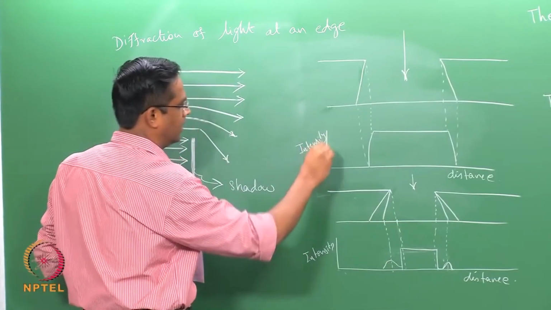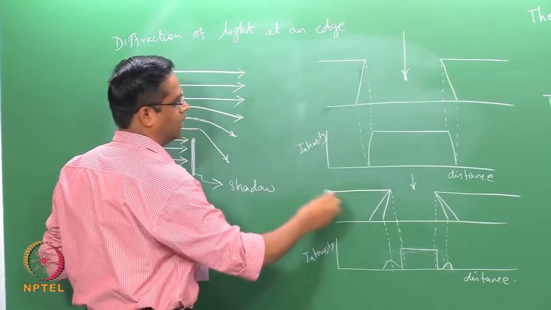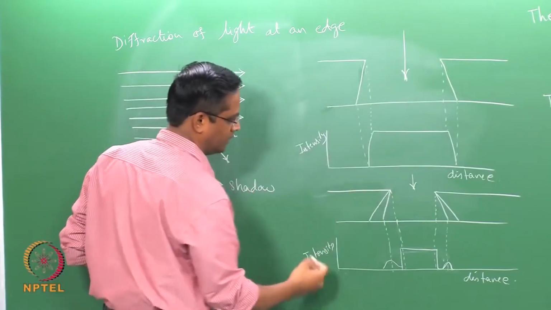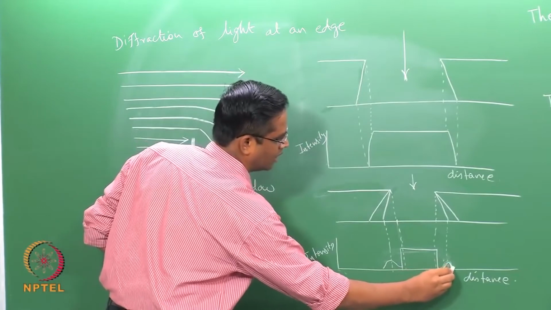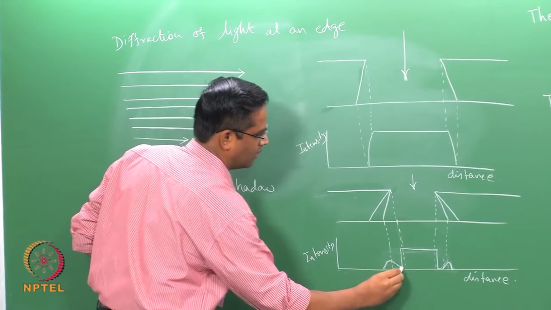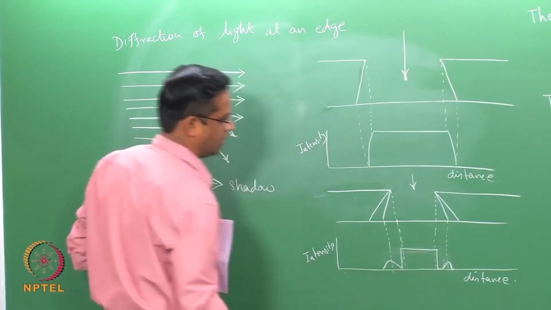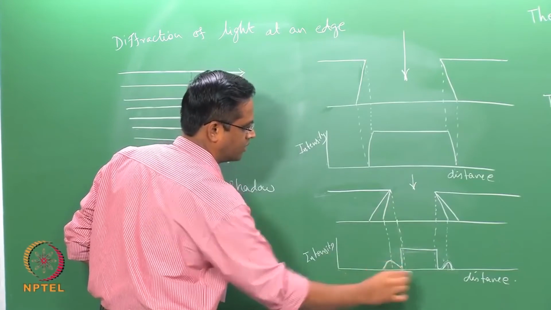And this is your intensity versus distance plot for this event. Now you narrow down the slit, then it produces subsidiary maxima, like this. And this is your other intensity profile for this gap, and this is for the edge.